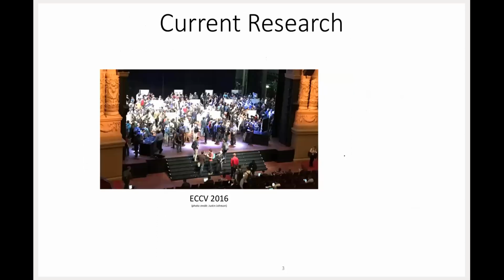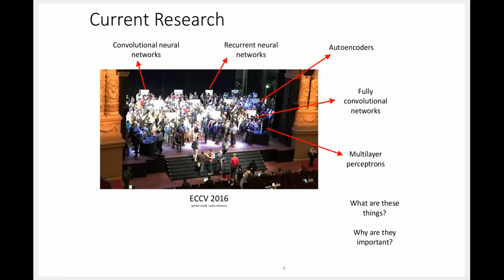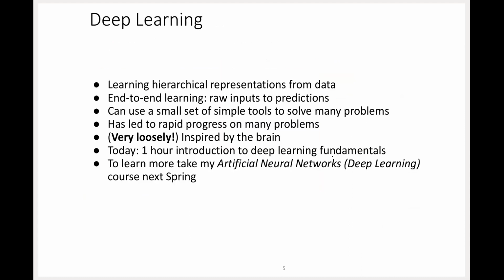Now, if you look at more recent research, if you go to computer vision conferences, basically everyone is working on something like convolutional neural networks, recurrent neural networks, autoencoders, and so on, or multi-layer perceptrons.